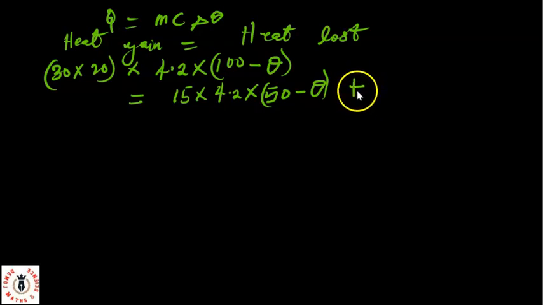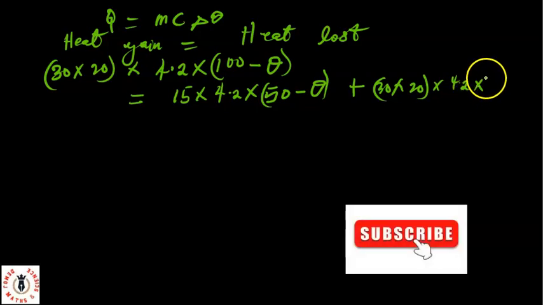Now plus the heat gained by the cold water, that will be 30 again times 20, because we have 30 kg of water running for 20 minutes, times 4.2 times, but now we are having a heat gain because the temperature is going to increase. That will be theta minus 15 degrees.